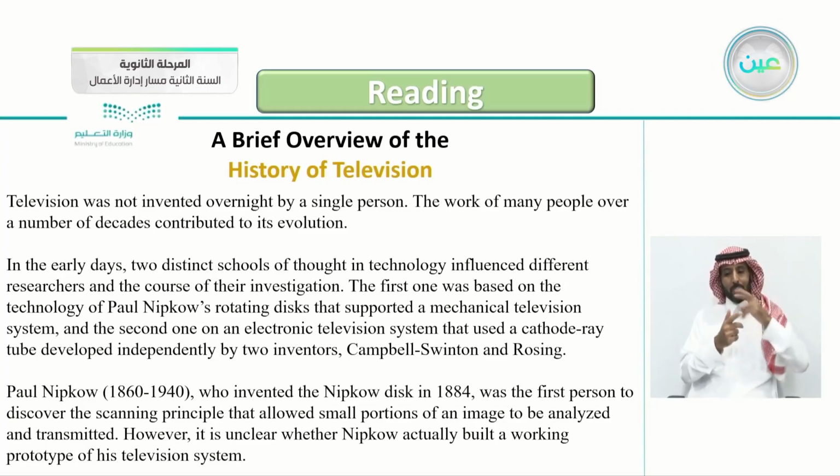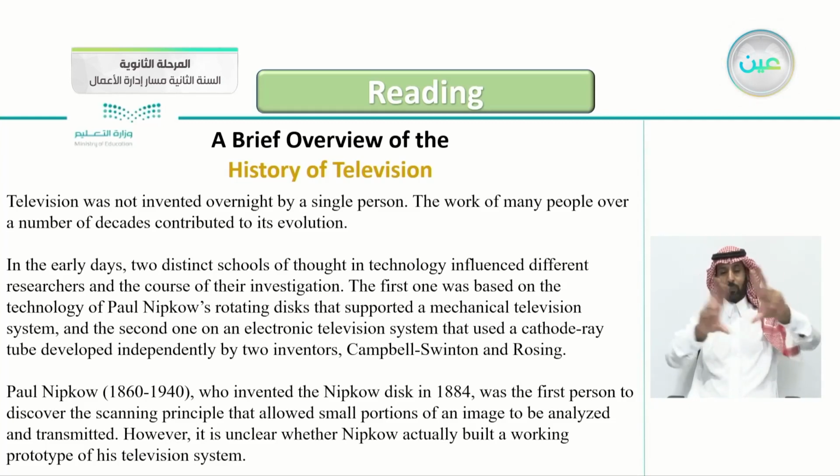Paul Nipkow, 1860 to 1940, who invented the Nipkow disc in 1884, was the first person to discover the scanning principle that allowed small portions of an image to be analyzed and transmitted. However, it is unclear whether Nipkow actually built a working prototype of his television system.